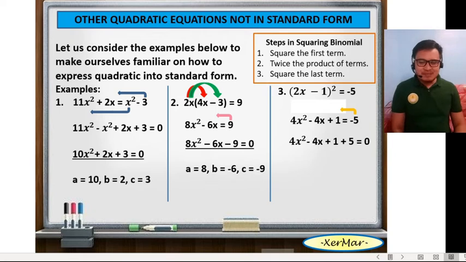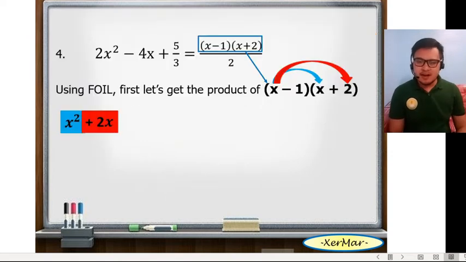So ngayon, meron ba tayong similar terms na pwede nating i-combine? Yes, meron. Ano yon? Okay, next, we have negative 1 times x. Ano ang sagot? Okay, so that is negative x.